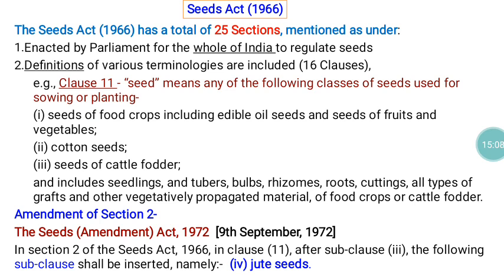All the 25 sections give provision for the creation of various agencies related to seed certification, seed testing and seed marketing, and also for the appointment of various committees and officials, particularly the seed inspector and seed analyst, and committees like the Central Seed Committee, Central Seed Certification Committee, State Certification Committee and Notification Committee.